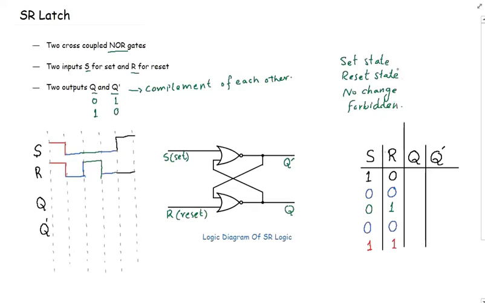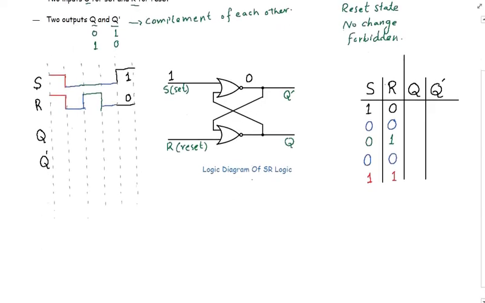So what is meant by each state? For example, if we apply an input 1 to this gate, we will get a 0 output. Initially the outputs of both gates are at 0 0. You must also know the truth table of the NOR gate. Let me write the truth table of the NOR gate.